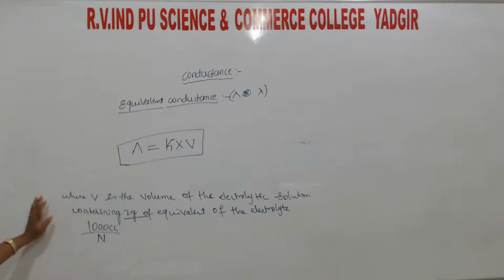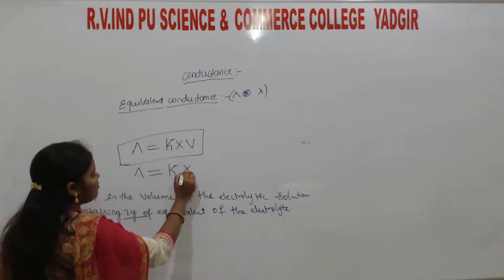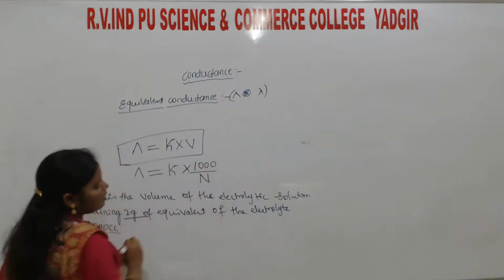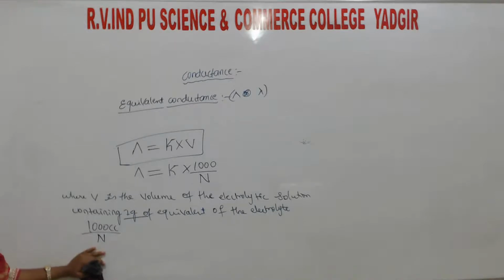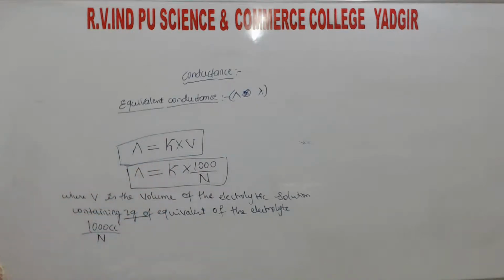So lambda equals kappa multiplied by 1000 divided by capital N. This is the equation for the general case, where the electrolyte solution contains n gram equivalents in 1000 cc.